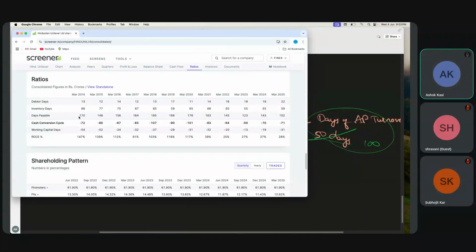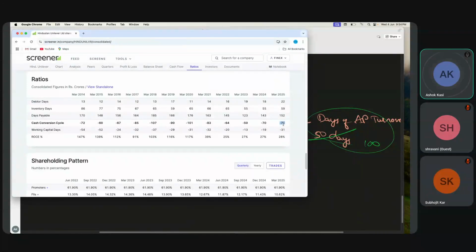Days payable, this is inventory days, this determines accounts receivable days. For them it is around 22 days, so they are waiting for 22 days. Then the inventory is there in their godown for 59 or 60 days. Days payable is 152 days. See how much time they are taking to pay. See this one, cash conversion cycle is minus 72, 71.